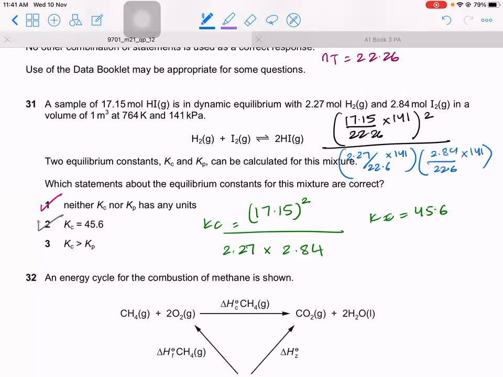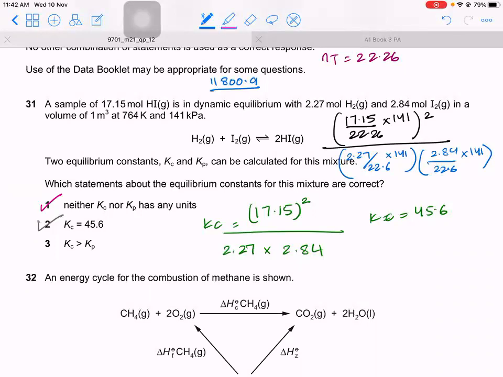Let's find the Kp. So this would be 17.15 divided by 22.26 times 141, and this value squared is a big number. I'll just write it down here: 11,800.9, divided by 2.27 divided by 22.26 times 141.